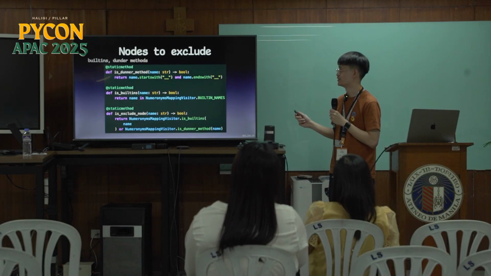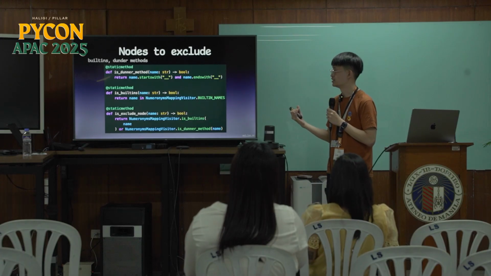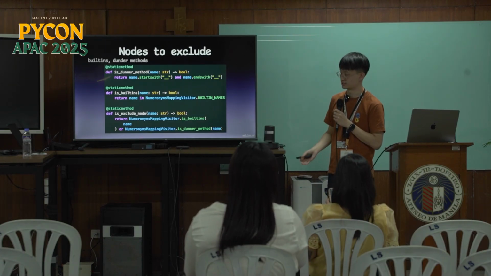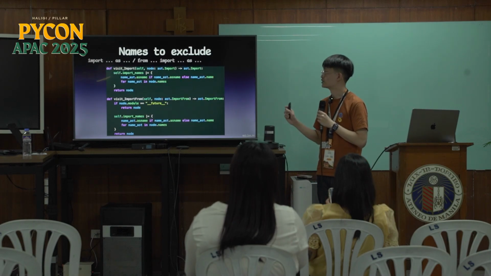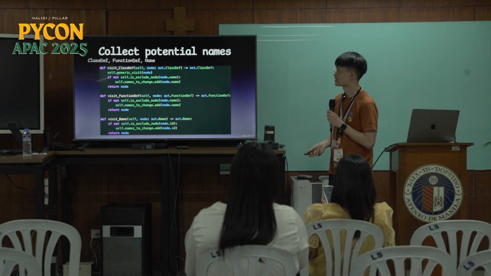So here's how we do it. We first check whether the node is actually a dunder method, builtin, or some other node we want to exclude. And we try to gather all the imports and from-imports and skip all these names.